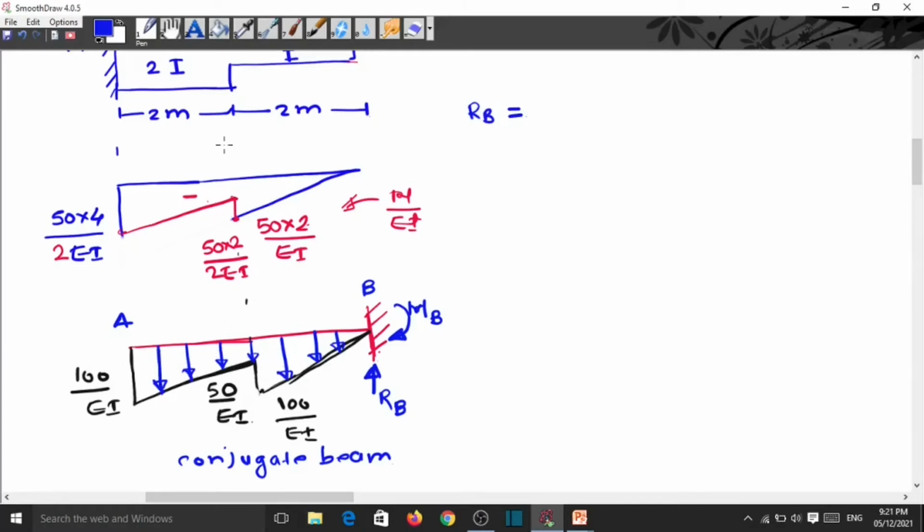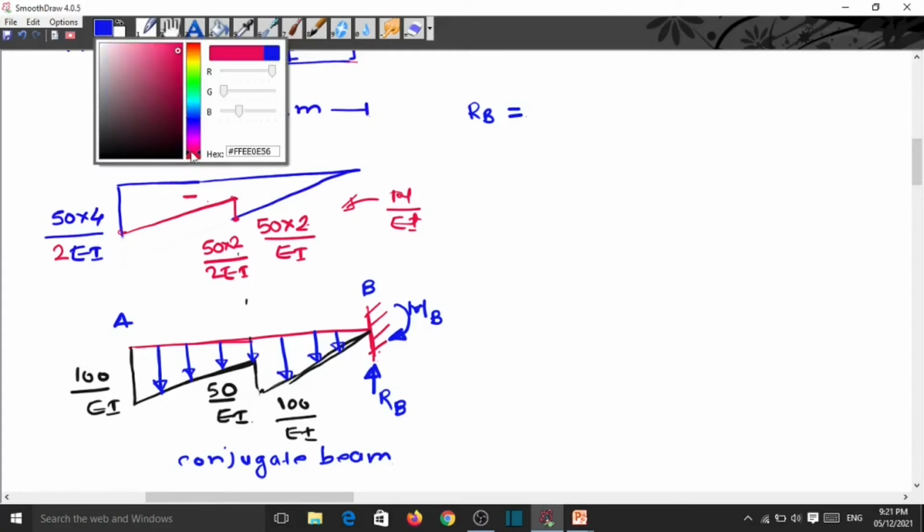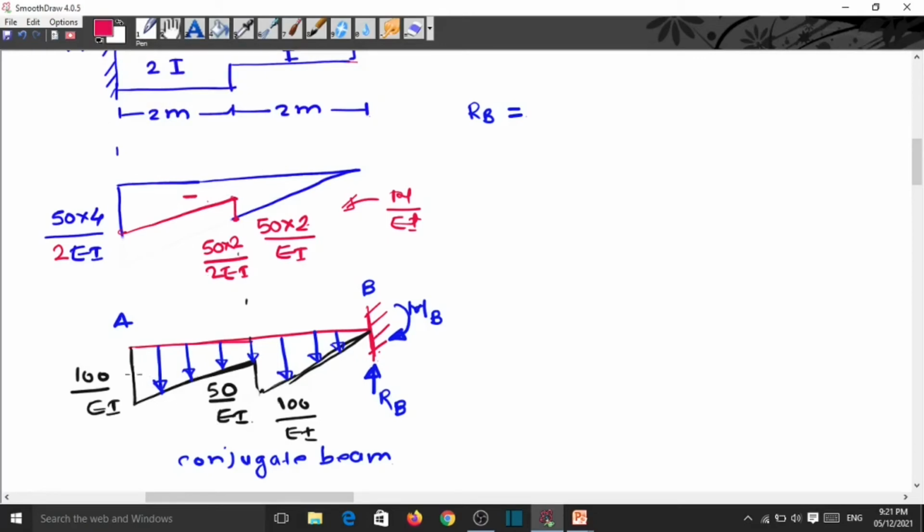Here we make some changes, so we make a partition. Suppose this is the first part, then here this is the second part, and this is the third part.